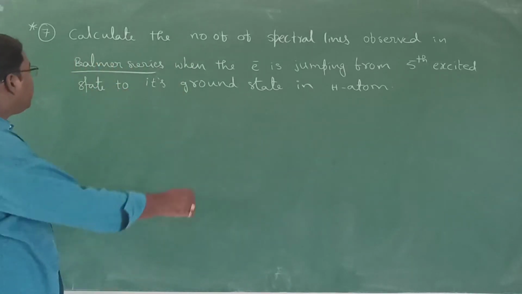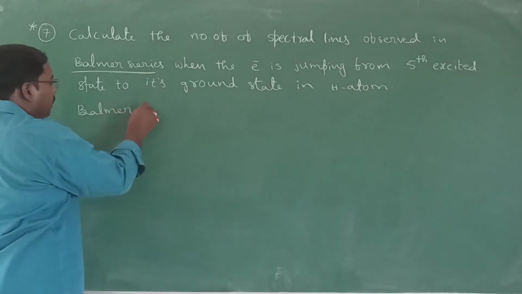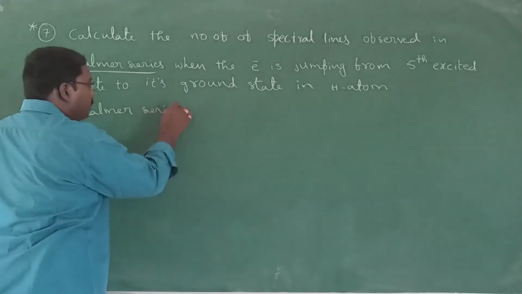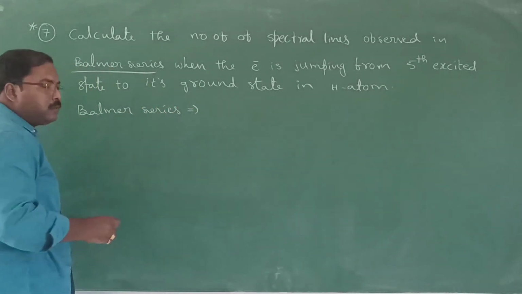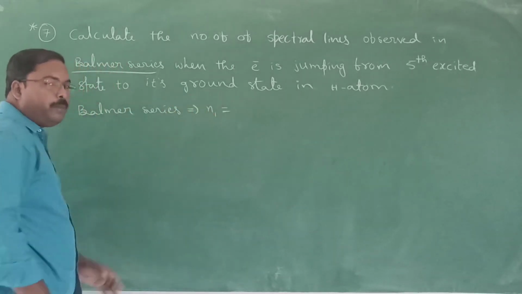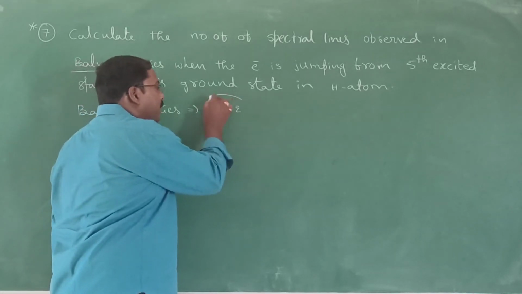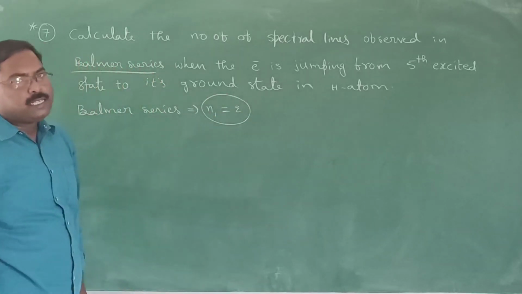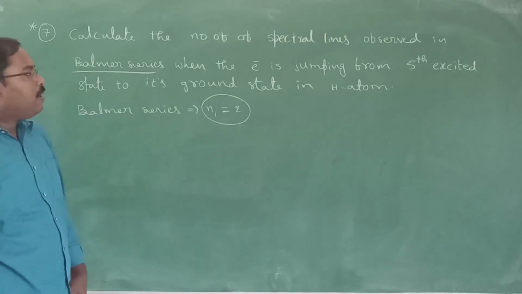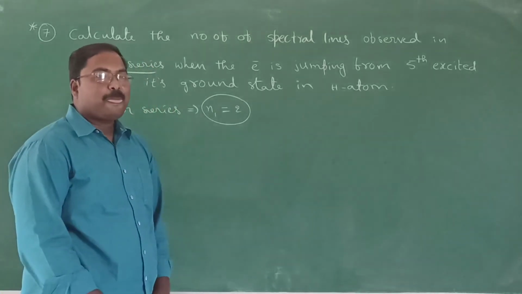Okay, so in the case of Balmer series, as in the previous question I explained to you, Balmer series means what? The electron is jumping from any higher level to the second orbit. So in Balmer series, n1 is 2. So what will be your answer? 5 minus 2, 3.